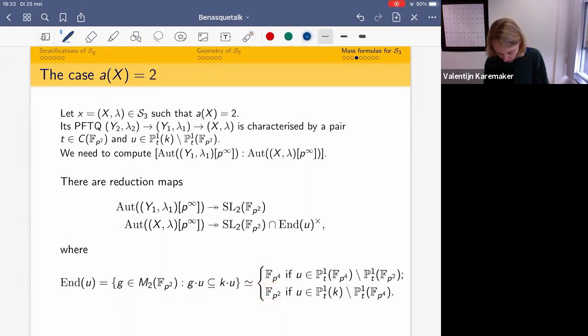And so then we can show that this intersection here is either Fp for the norm 1 elements, so elements alpha, such that alpha times alpha to the p plus 1 equals 1, if u lives over Fp to the 4, and plus minus 1 otherwise.